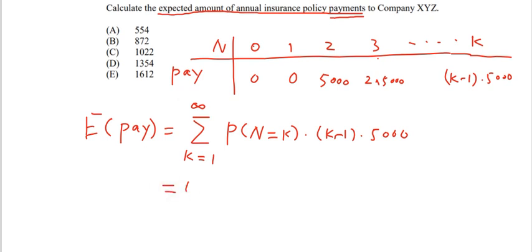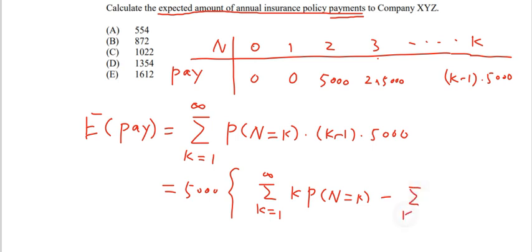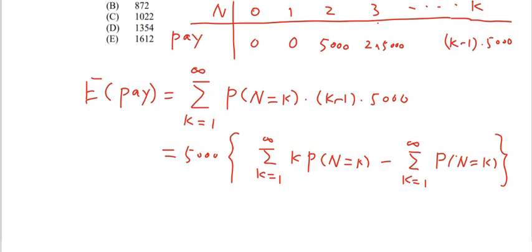So this equals 5,000 times, and for this summation we split it into 2: the summation K equal 1 to infinity of K times P(N equals K), minus the summation K equal 1 to infinity of P(N equals K). What is the first one?